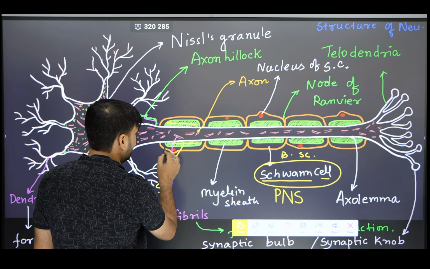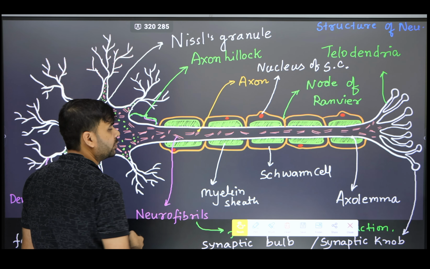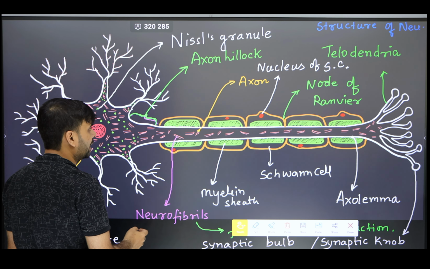These cells you can see here with a yellow boundary are Schwann cells. The green area is the myelin sheath.